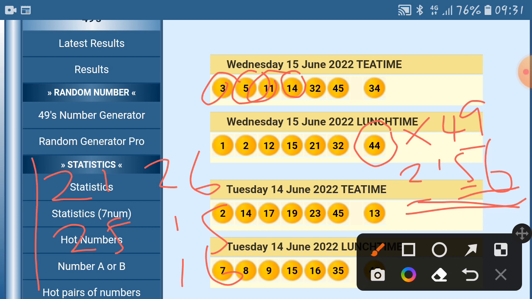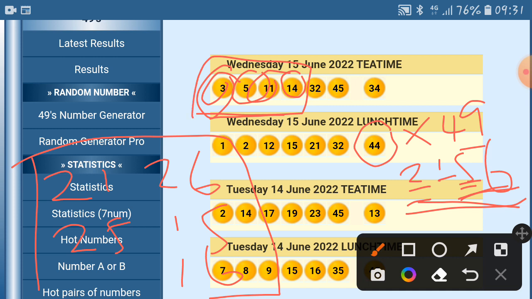Then after breaking it like this, that's when you do the additions of saying the first number plus the second number, it will give you a 3. The first number plus the next number, it will give you another number. Then 5 plus 6, it will give you 11. And then 5 is also a single. So you have got 4 numbers coming from the additions only. From the additions only. Okay?